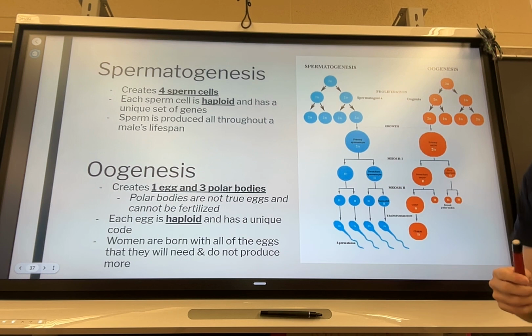Each sperm cell is haploid and unique. They all have their own different codes thanks to what two processes? What helps create the variation? What in meiosis? It's like the chromosomes swapping. What is that called?